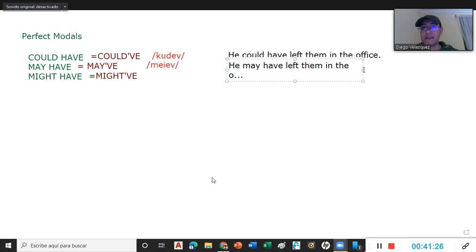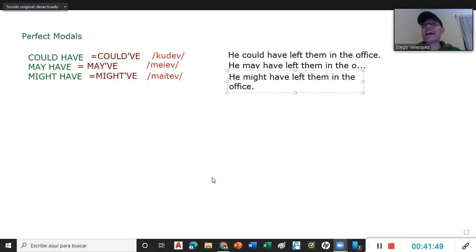He may have left them in the office. And same situation in the case of might. Might have. So we have now, he could have left them in the office, he may have left them in the office, or he might have left them in the office. So could have, may have, might have. Okay, my friends? Simple as that, fast as that, okay?